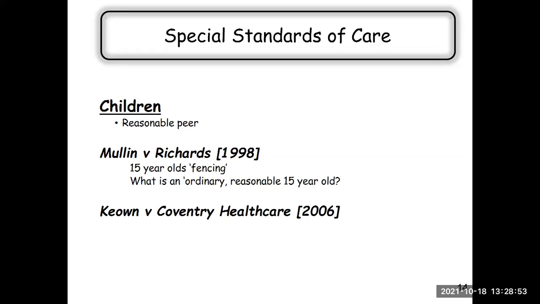On the other hand, another case that shows where the court did feel that a child fell below the standard of what we would expect of a reasonable peer is the case of Keown versus Coventry Healthcare. This was a case of an 11-year-old being naughty and climbing on a fire escape in a hospital and then getting injured.